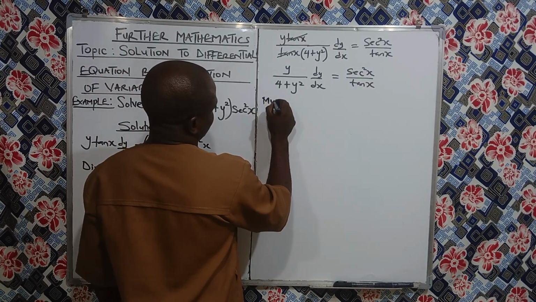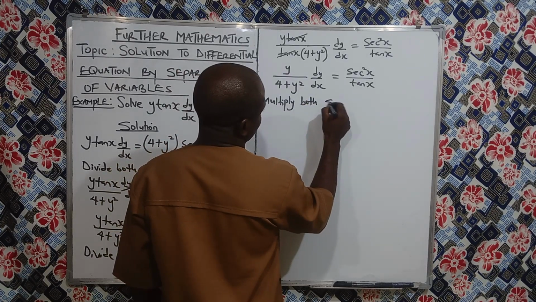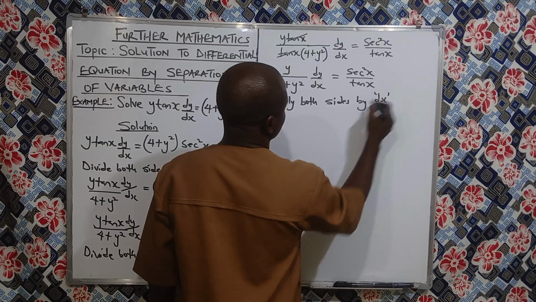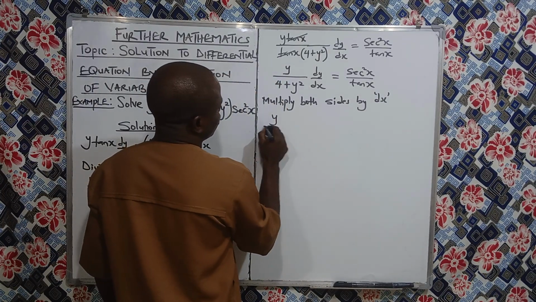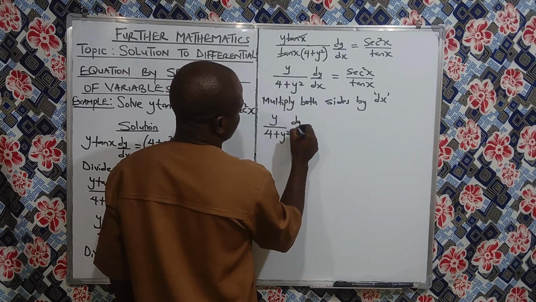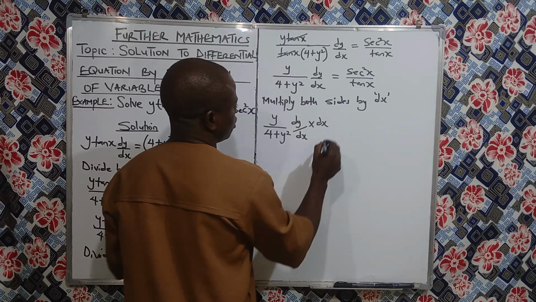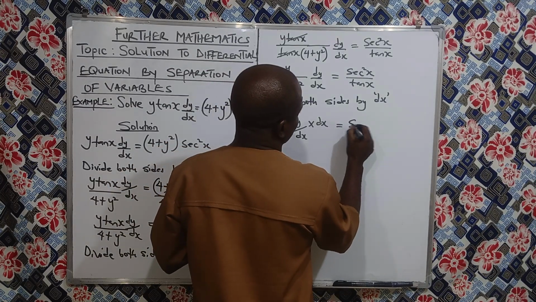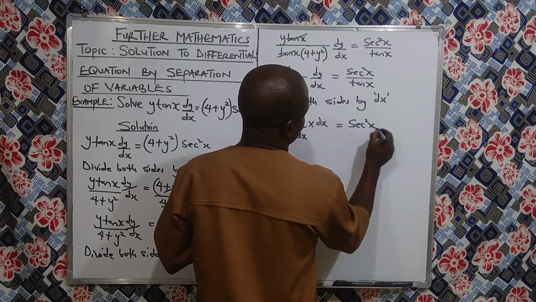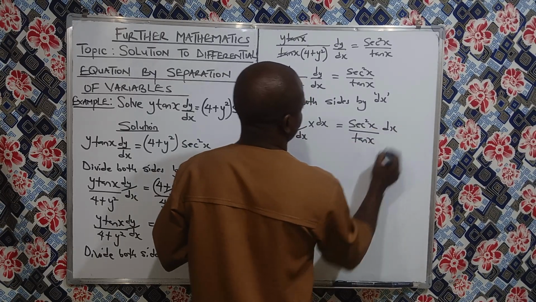Now say multiply both sides by dx. Now y over 4 plus y squared dy over dx multiplied by dx equals sec squared x over tan x dx.